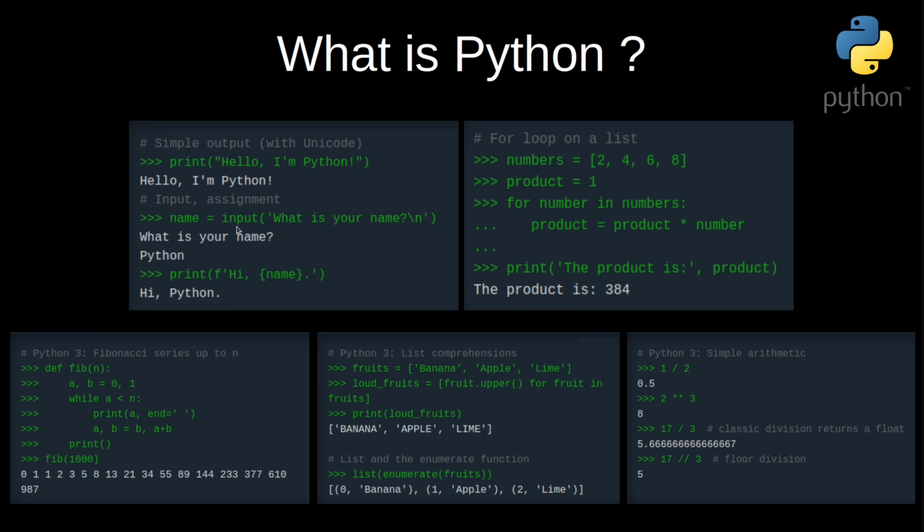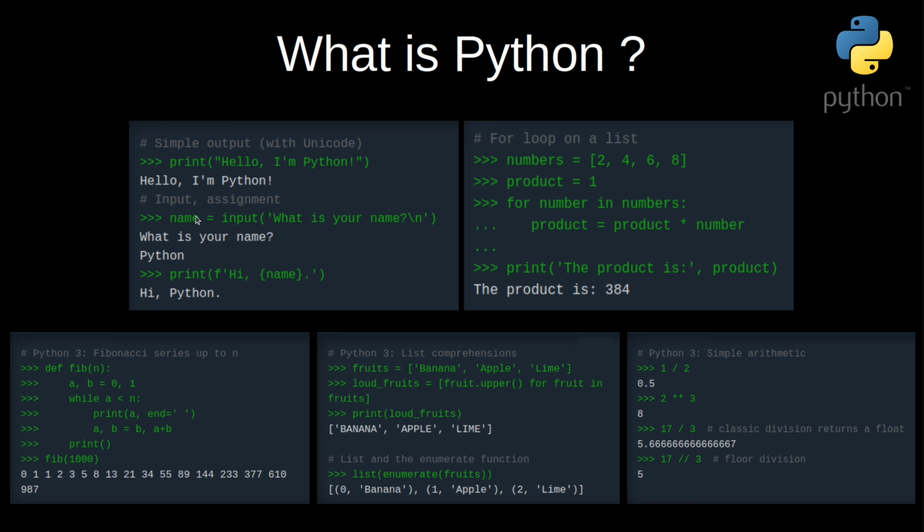So we also have the input function, which is also part of the core of Python. The input function will receive an input from the user, and it asks the user, for example, what's your name? And when the user types his name, that input the user gives to the program will be assigned to this left side variable called name.